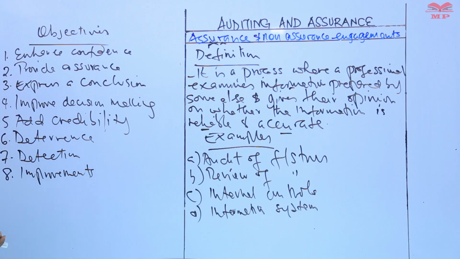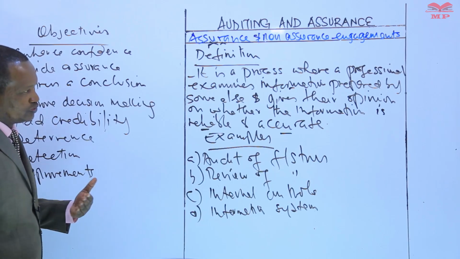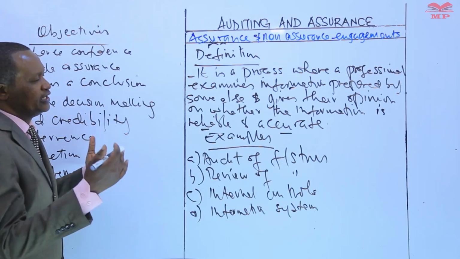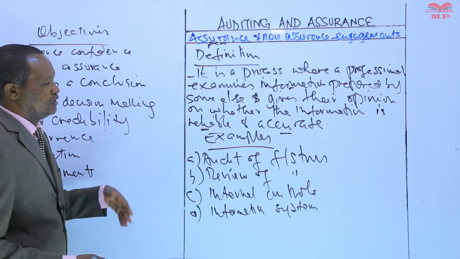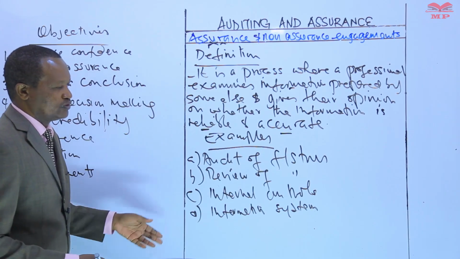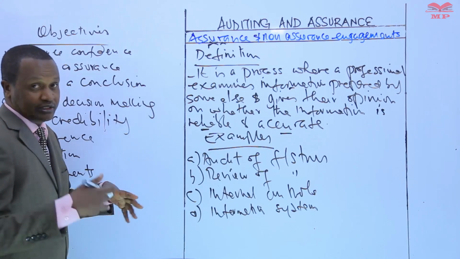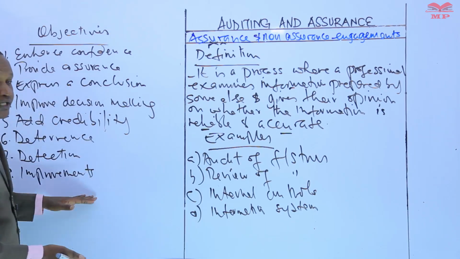It can lead to improvements based on the recommendations, because we say that apart from the opinion, the expert can also give recommendations on the financial statements, on the internal controls, information system, depending on the subject matter. They can give recommendations, and then based on the recommendations, a company can make improvements.